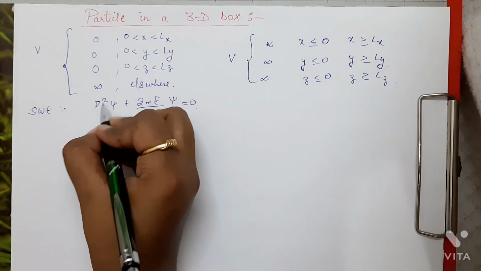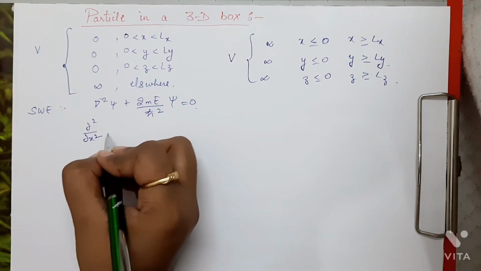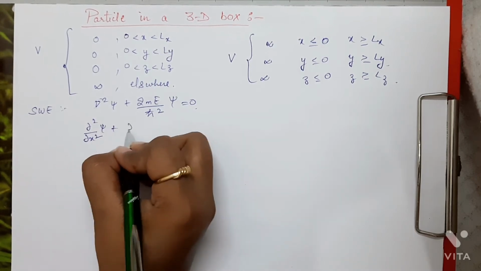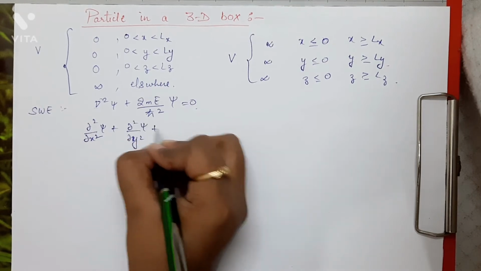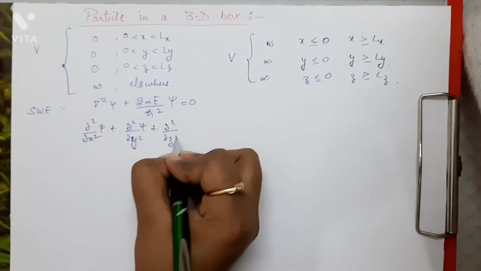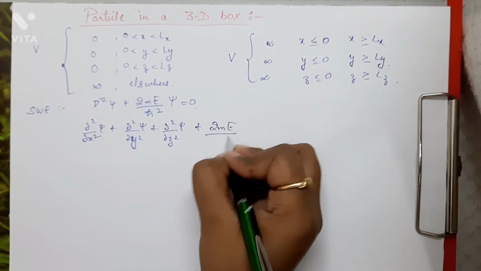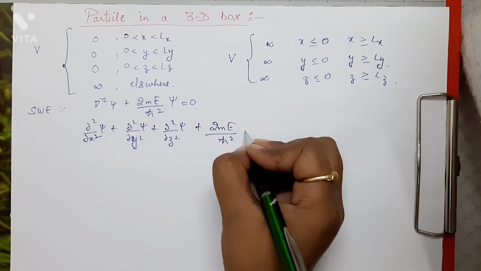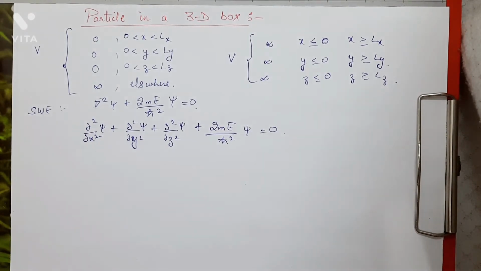Now in this case, del square will be del square by del x square of psi plus del square by del y square of psi plus del square by del z square of psi plus 2me by h cross square psi equals 0. This is going to be the Schrodinger wave equation.